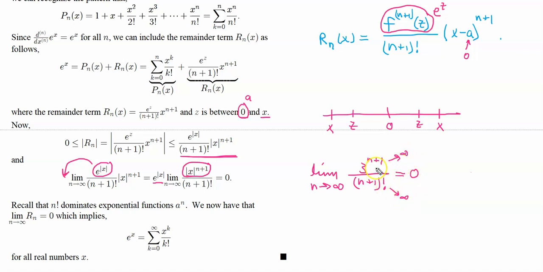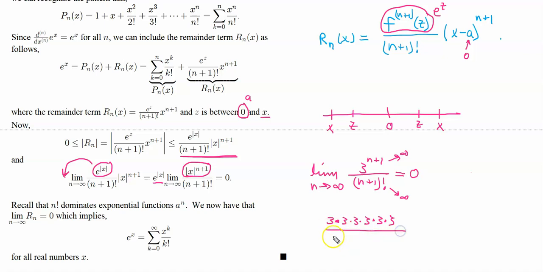And to justify that, let's write out what the numerator and denominator would look like for a particular value of n. So, for example, if n is 5 or 6, say, let's just write this out. Notice we'd have 3 times 3. Okay, so this would be when n is 5. 5 plus 1 is 6.